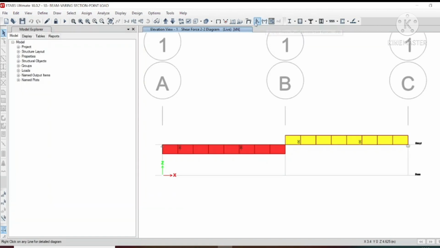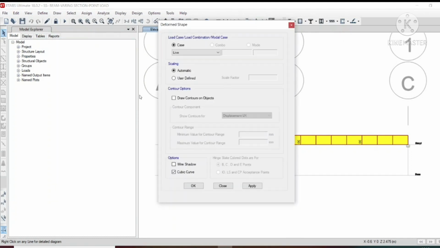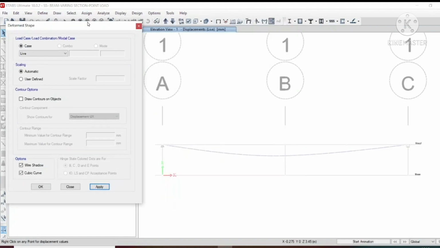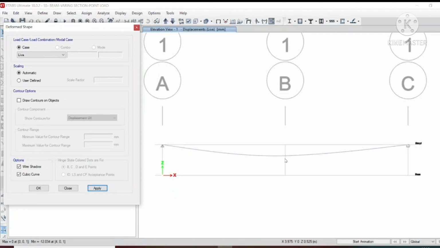Now let us check the deflection. Yes, this is our deflected value, and we got minus 12.034 as our deflection at the center. And at 1/4, you are getting minus 9.014 mm.